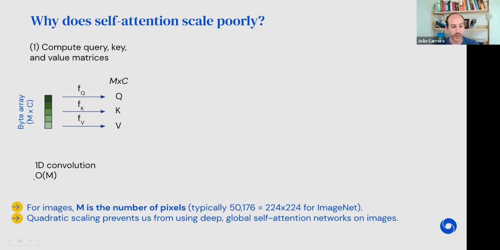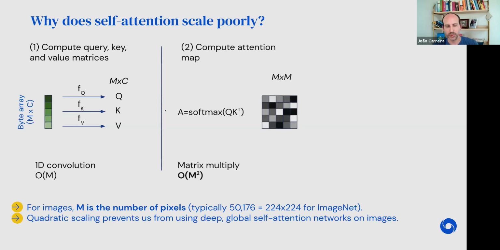For images, it may be very big, like 50,000 such inputs for a 224 by 224 image. In self-attention, you compute the query matrix for this byte array input. You compute the key matrix and the value matrix. And this part is fine. It scales linearly with the number of inputs. It's just a 1D convolution.